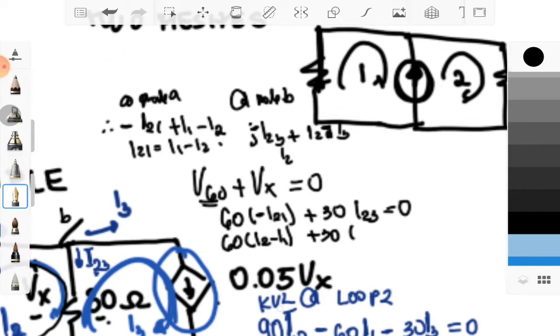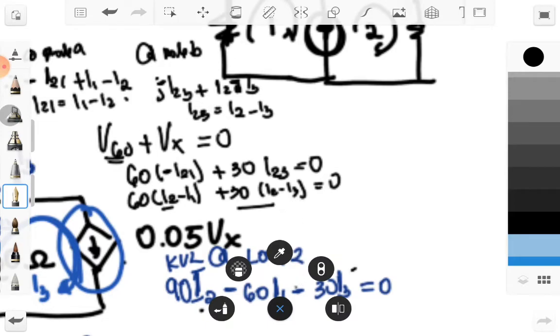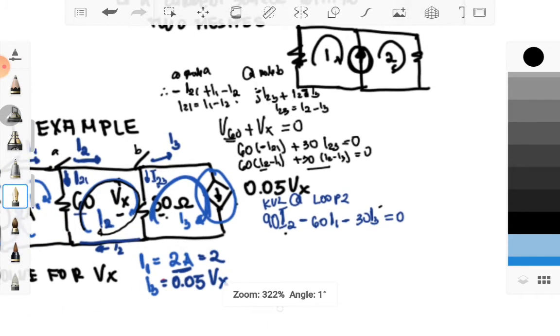Okay? So, we have our I23 is equal to I2 minus I3. So, pag sinubstitute mo siya dito, we have I2 minus I3 equals 0. So, further manipulation of this equation will give you this equation: 60I2 plus 30I2 is equal to 90I2, minus 60I1, minus 30I3 equals 0.